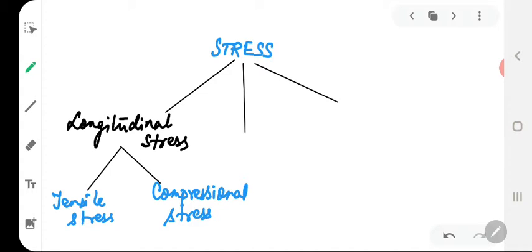Now, what is tensile stress? If there is an increase in length of the object under the effect of applied force, then stress is called tensile stress. On the other hand, if there is a decrease in length of the object under the effect of applied force, then stress is called compressional stress.